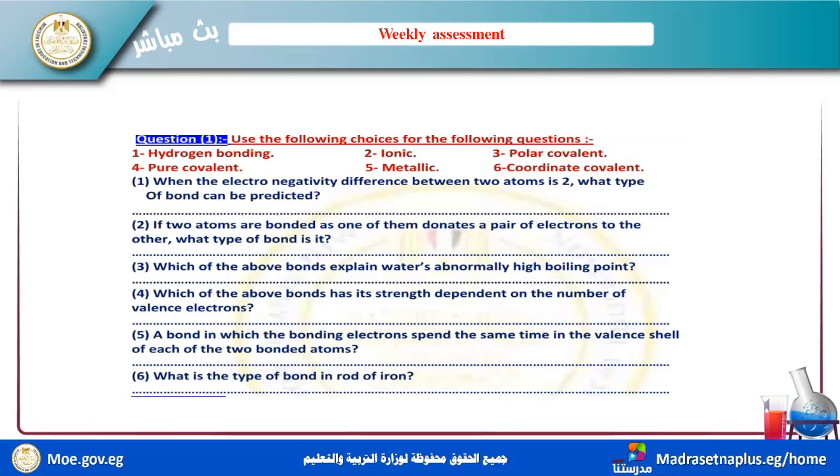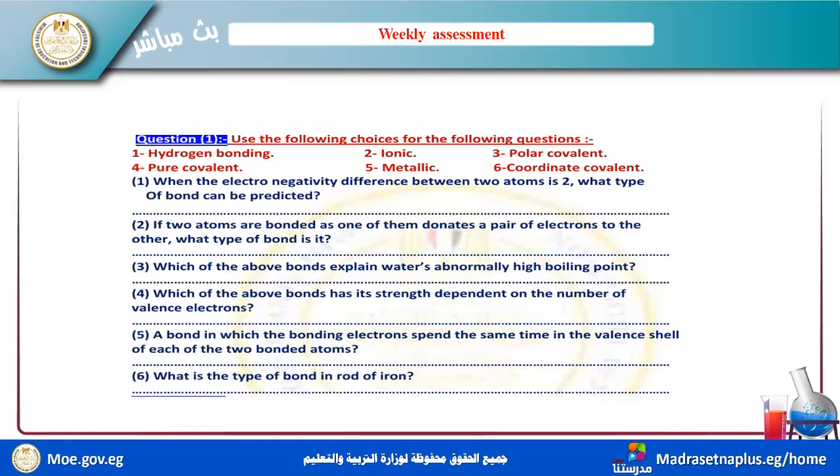Now, this question: when the electronegativity difference between two atoms is 2, what type of bond can be predicted? Here we have 2.